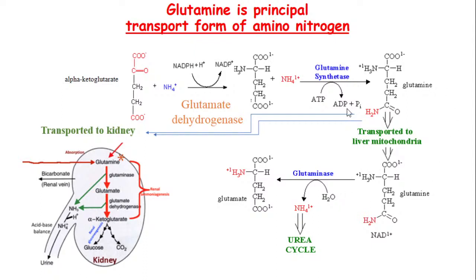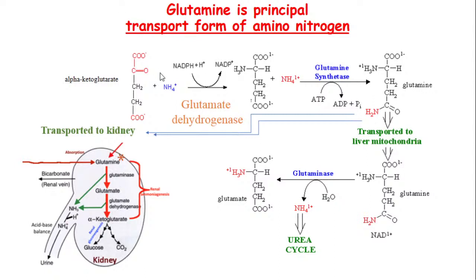It's about glutamine degradation. If glutamine comes to kidney, free ammonia is excreted and also used for the regulation of acid-base balance of the whole organism. It's important, so about this we will talk a little bit more in detail.